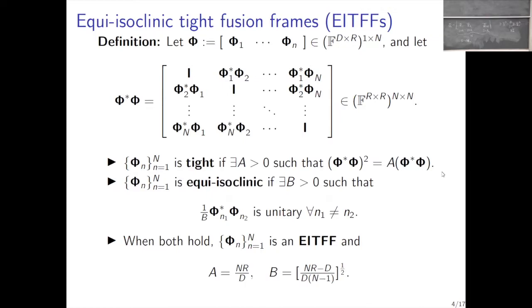Because each one of them is an isometry, the cross-Gram has singular values of at most 1. And so all those singular values are between 0 and 1. And they can all then be expressed as the cosine of some angle between 0 and pi over 2. So there are a lot of angles between them.